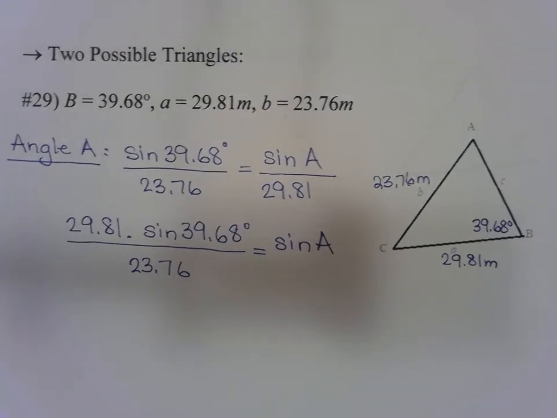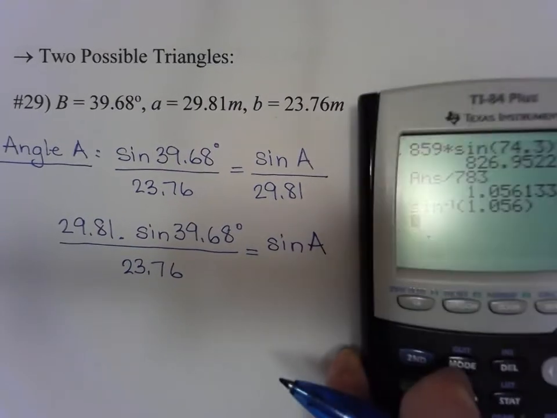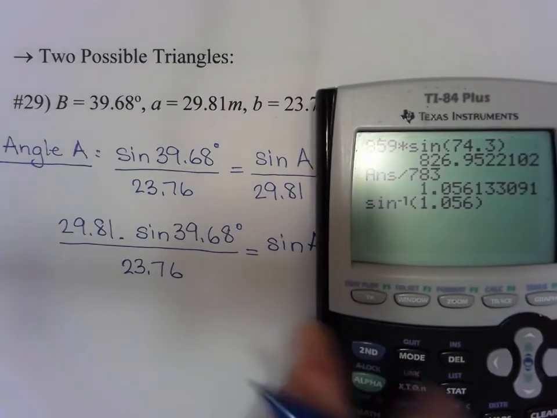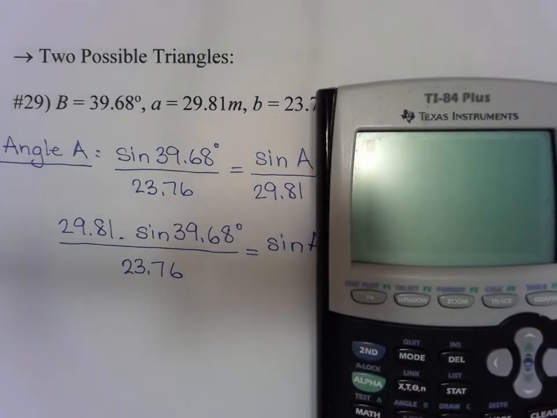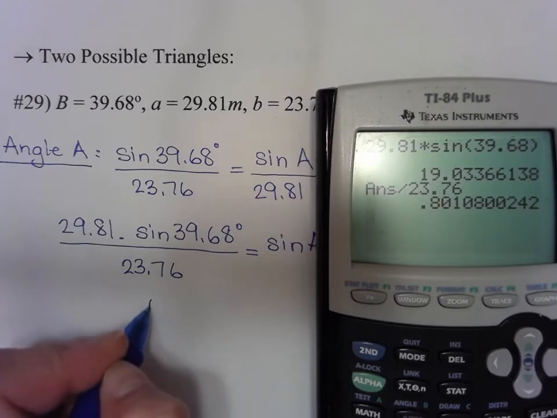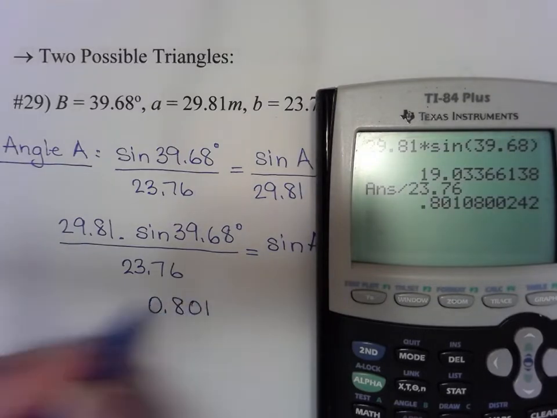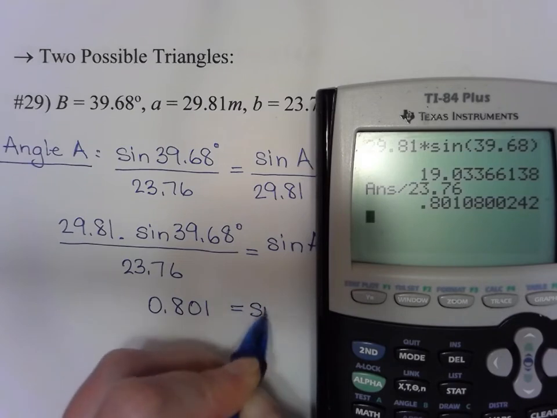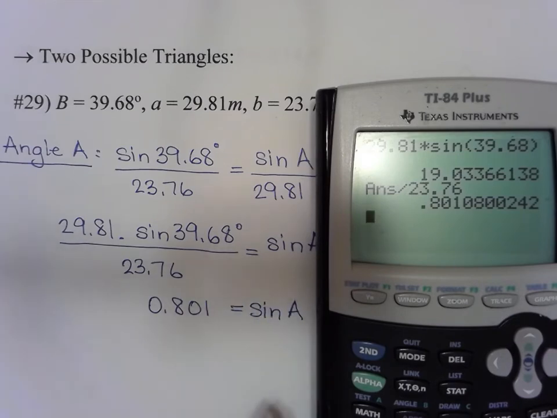All right, then we would want to put this into our calculator. So we get 0.801. Okay, we don't have the problem we had in the last example. This is definitely between 0 and 1, which is fine.